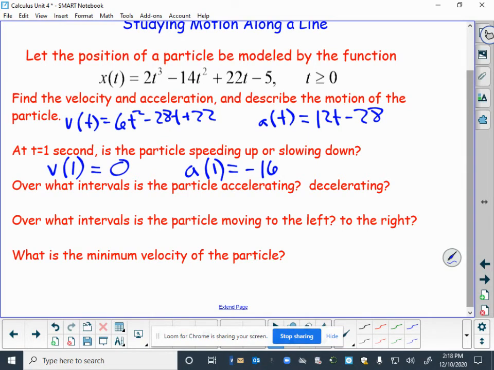Because if it is not moving at all, but it has a negative acceleration, it would seem like if it is literally not moving, in the very next instant it will be moving, and I would say speeding up, because the positive and the negative, if I'm talking about speed, are irrelevant.